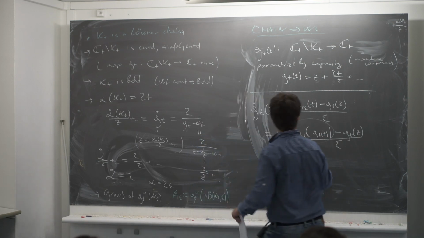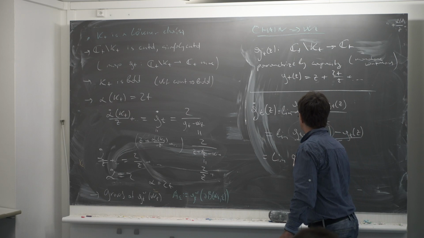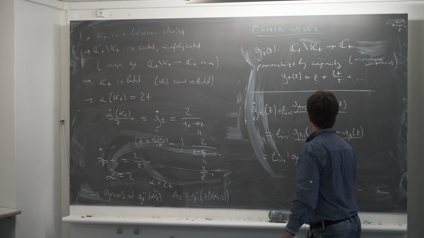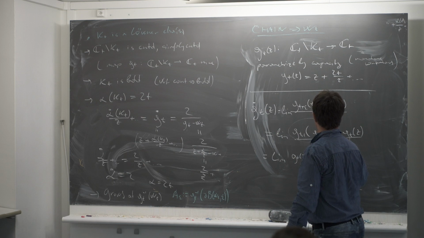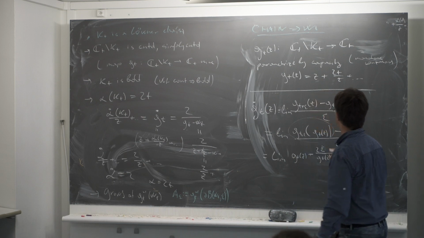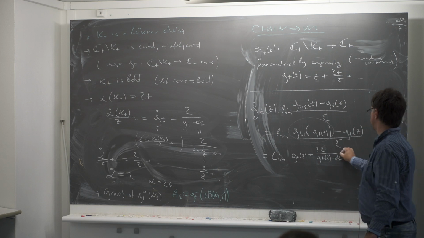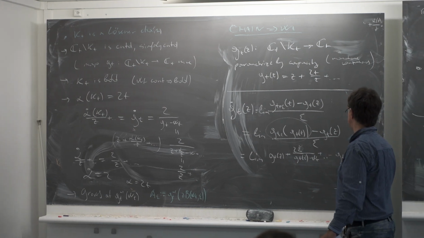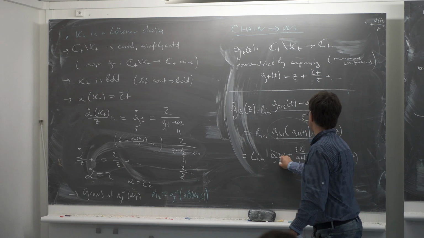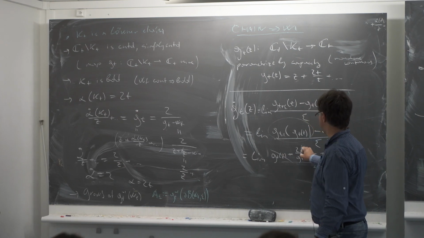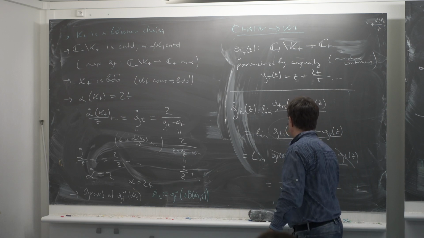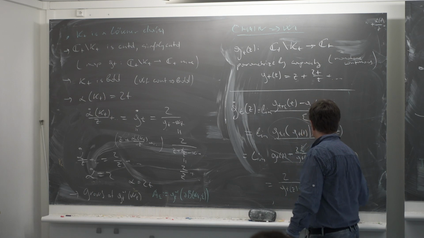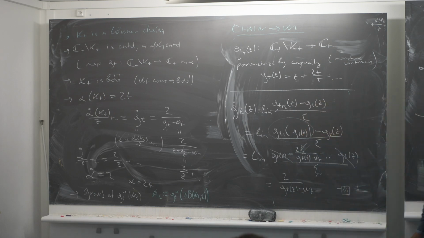So you write that it's a limit of gt of z plus 2 epsilon over gt of z minus wt, because here you need to recenter this map, plus small order terms, minus gt of z. This cancels out over epsilon, then epsilon also cancels out, and you get 2 over gt of z minus wt. So that will work out next time.